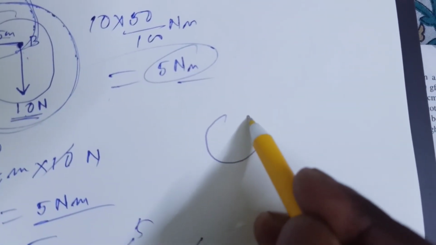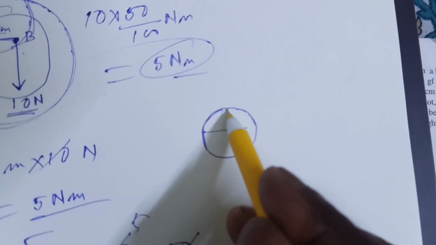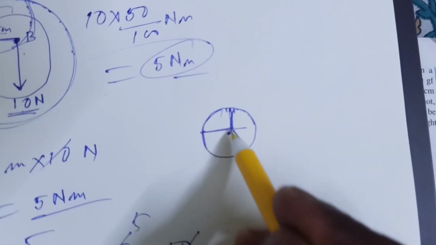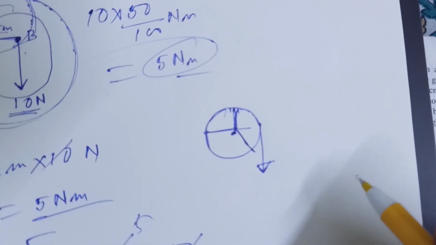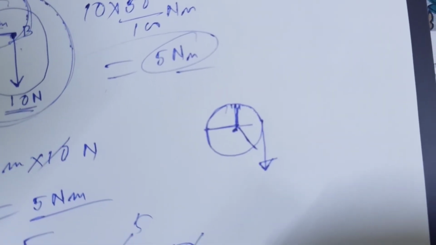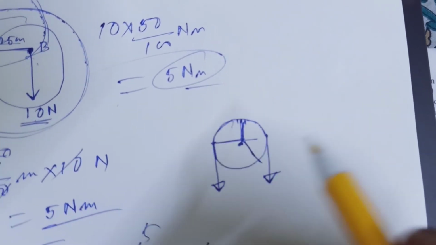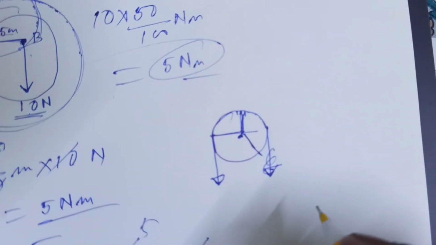So if we go through an example, suppose this is the steering wheel, and you want to rotate it by applying a force here with one hand, then what is the moment? And if we apply a force here with your left hand, only one hand, then what is the moment?